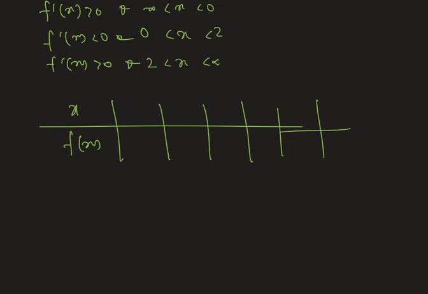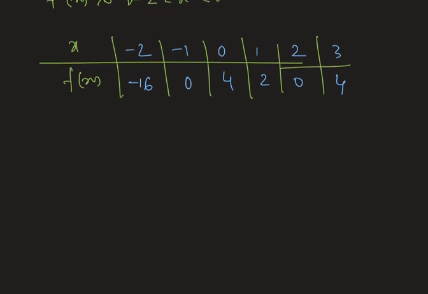So we take some values of x like minus 2, minus 1, 0, 1, 2, 3, and correspondingly we get minus 16, 0, 4, 2, 0, and 4 also. So these are the values of x and f(x).